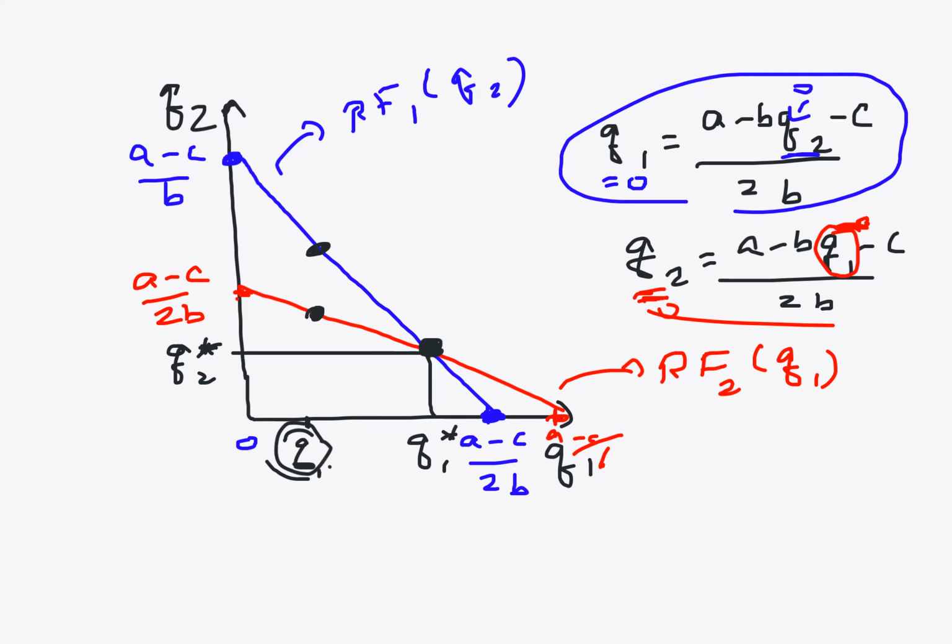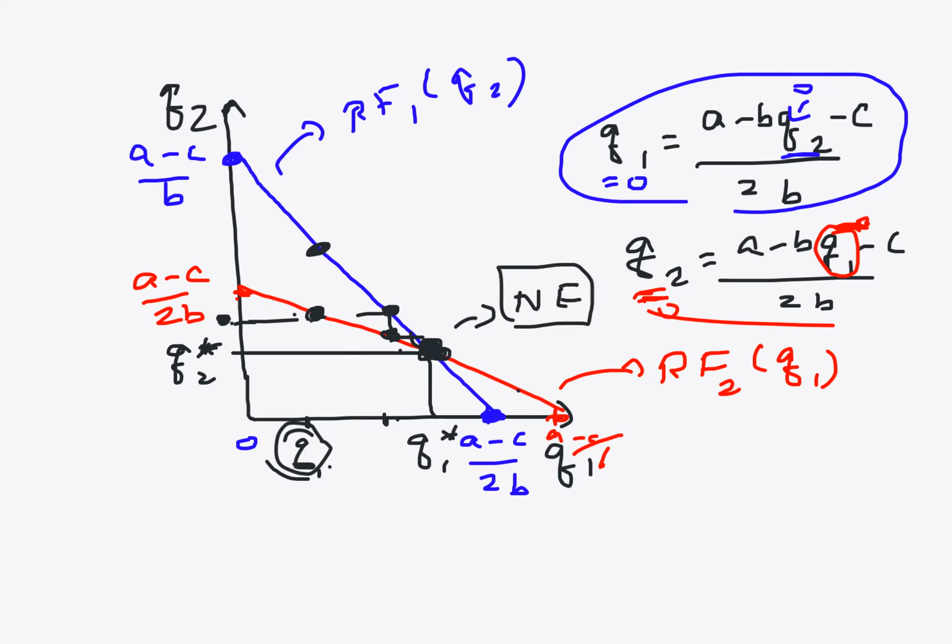Then firm 1 is going to respond to it by choosing this output. And if this is the output, then firm 2 is going to respond by producing here. As you can see, they're moving towards the intersection point. Whichever direction you start from, you're going to converge towards this point. And this is your Nash equilibrium, where the two reaction functions intersect.